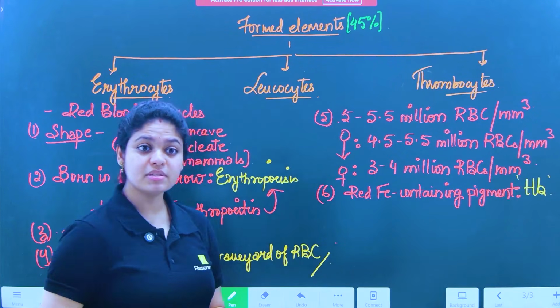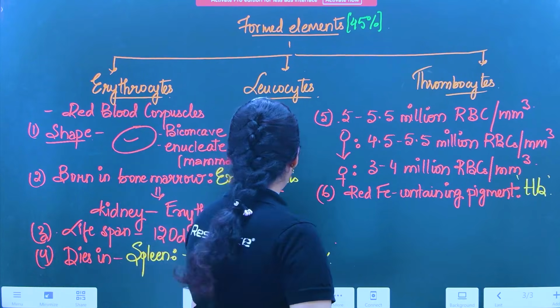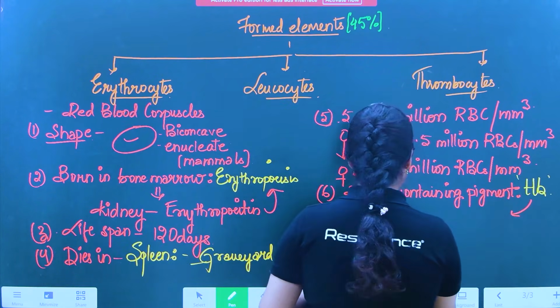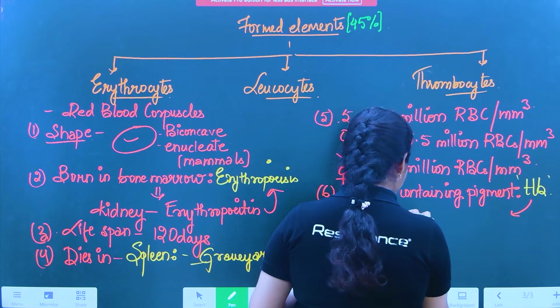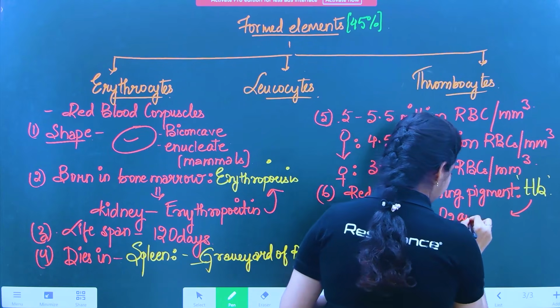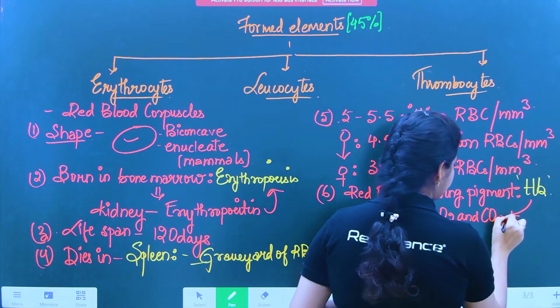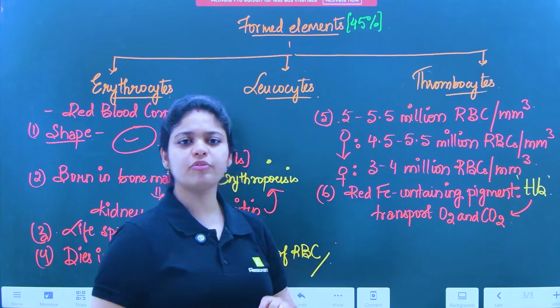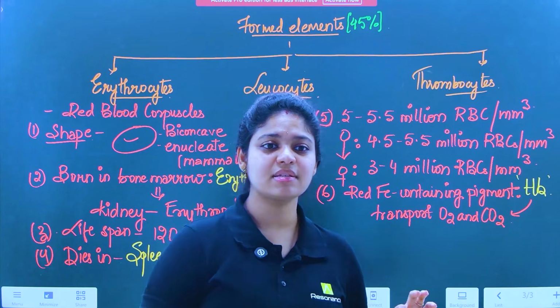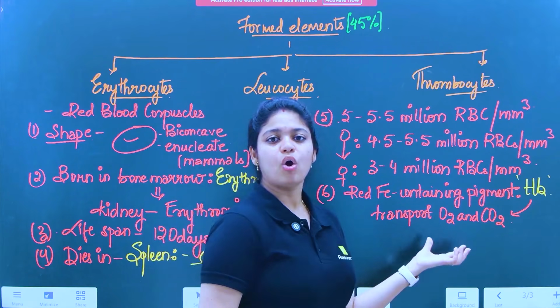That pigment is nothing but hemoglobin. What is the function of hemoglobin? Hemoglobin transports oxygen and carbon dioxide. The major function of hemoglobin is transportation of respiratory gases, that is nothing but the oxygen and carbon dioxide.